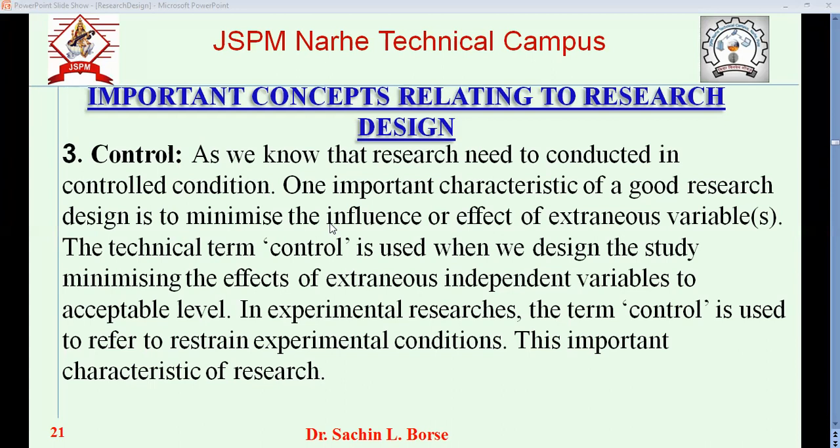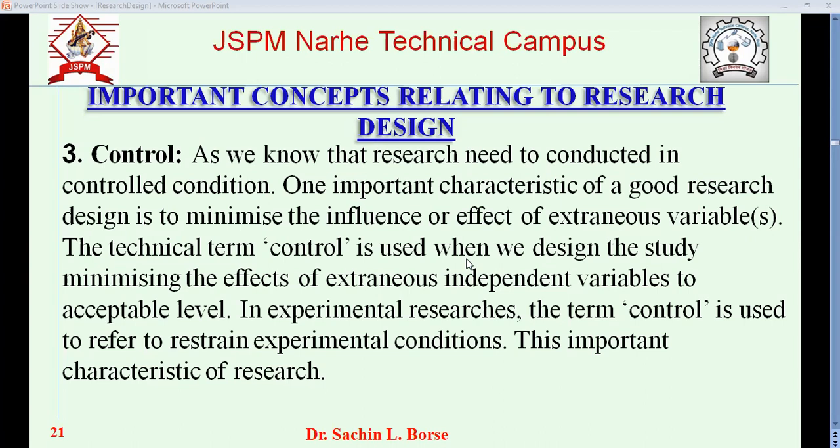So the term control is used when we design the study to minimize the effect of the extraneous independent variable to an acceptable level. Please understand, we have to minimize it to the acceptable level. If the effects are very huge, then we need to control that parameter.